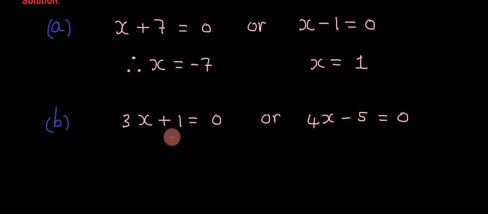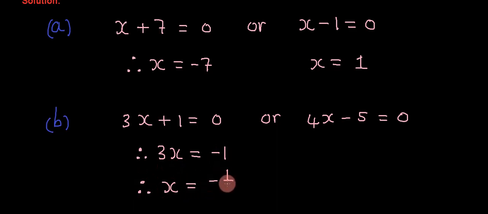We can solve for x here. We can take the 1 to the right-hand side, and it becomes negative 1. And now we can divide the 3 into the right-hand side, and we find that x is equal to negative a third. Here we can take the negative 5 to the right-hand side. So 4x equals positive 5, and we can divide the 4 into the right-hand side. So x is 5 over 4.